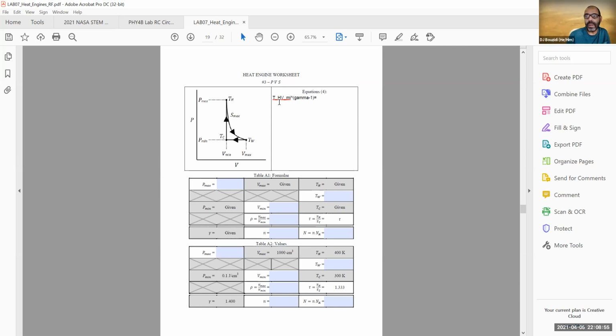Equals, so this point is equal to this point in here, which is TW. I don't know what that temperature is, so they called it TW. It's an intermediary temperature somewhere in there, okay?